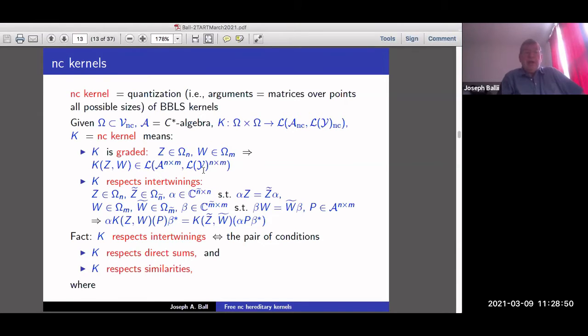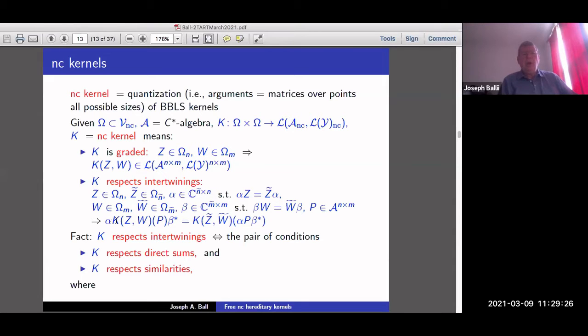Respects intertwining in this context is: we have z and z tilde at various distinct levels. We have an n tilde by n matrix over C, alpha, intertwining z to z tilde. We do the same thing with the w's, intertwined by a beta. And we have a P, which is an n by n matrix over A. Then you take this expression, and it has to equal this tilde expression.